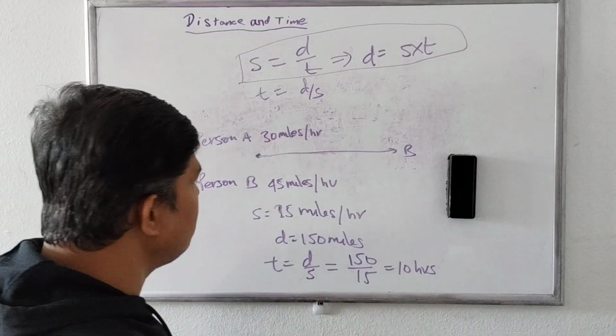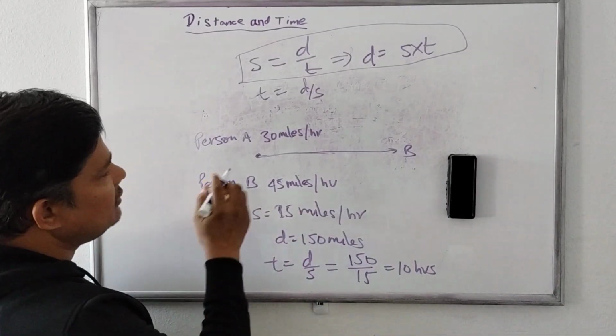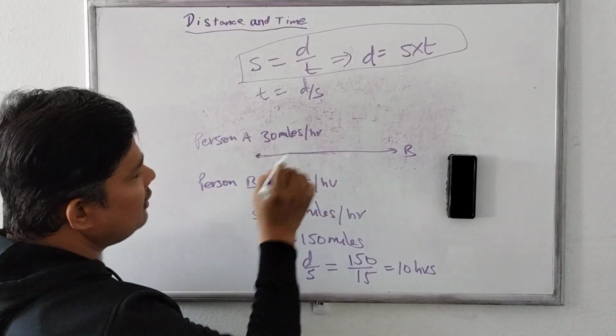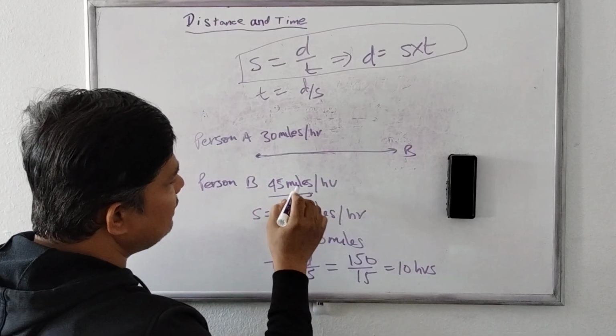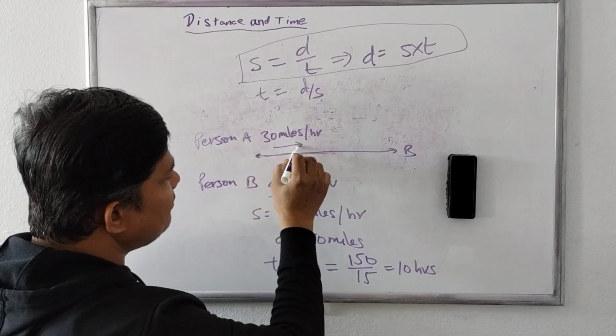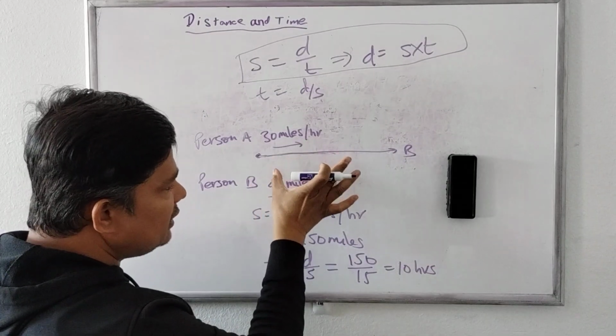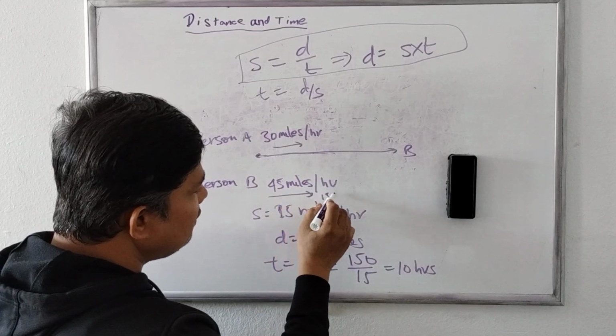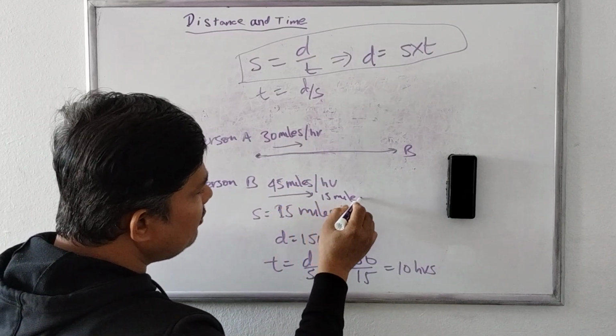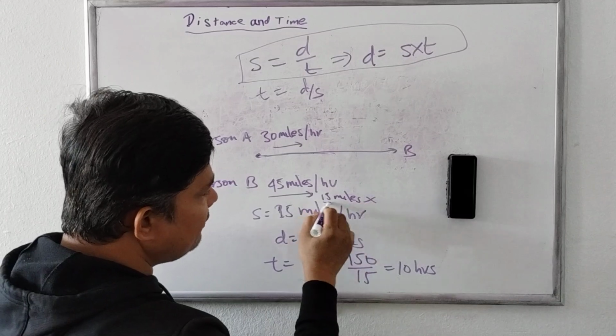Now understand why we are subtracting here. So what's happening here? Every hour, this person is moving 45 miles and this person is moving 30 miles. So the distance between these two after each hour will be 15 miles times the number of hours they traveled.